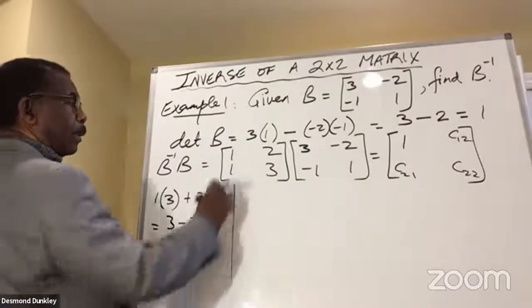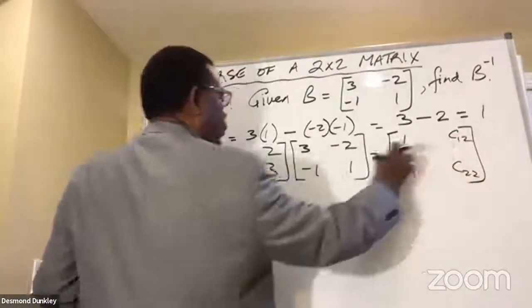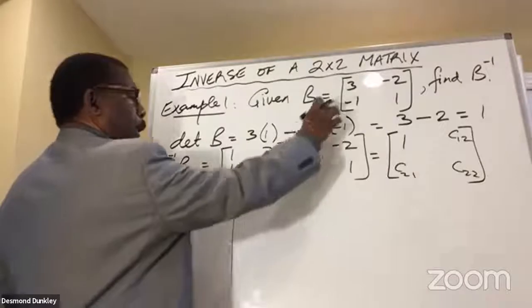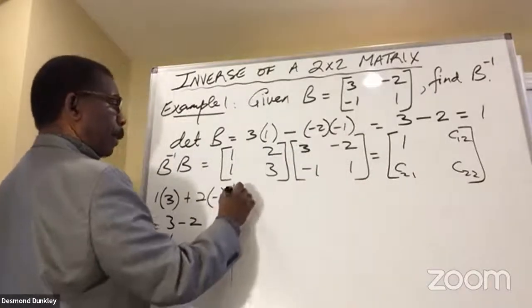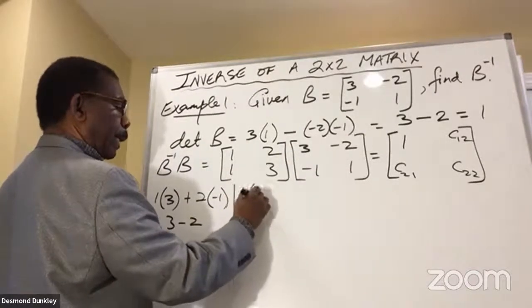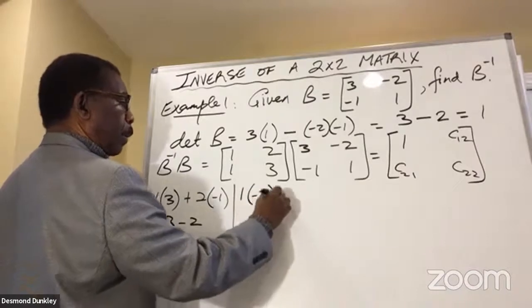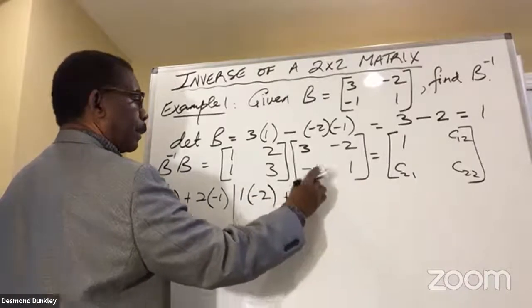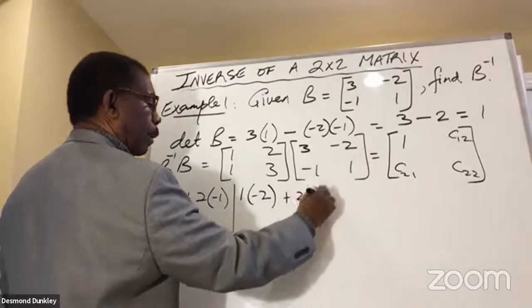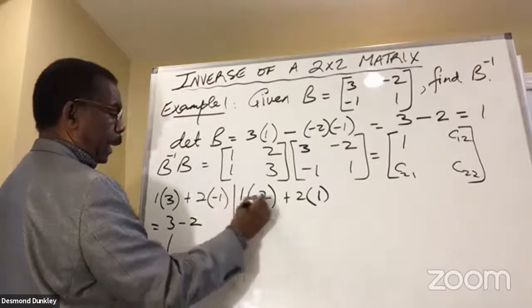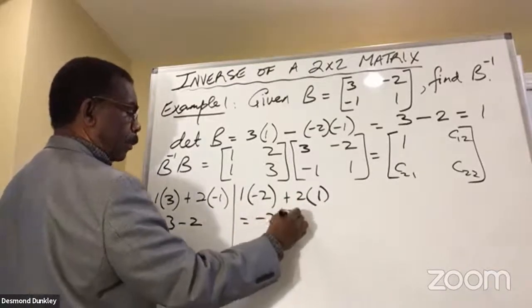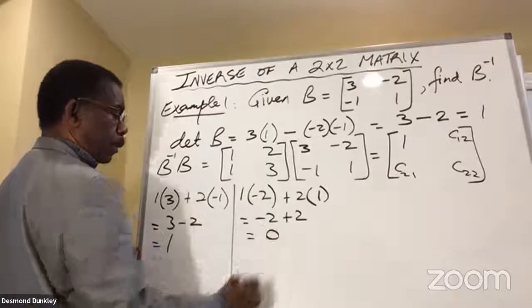Let's try the next one. So this is the 1, 2. So it's the first row, second column. So it's 1 times -2 plus 2 times 1. What is that? -2 plus 2 equal to 0.